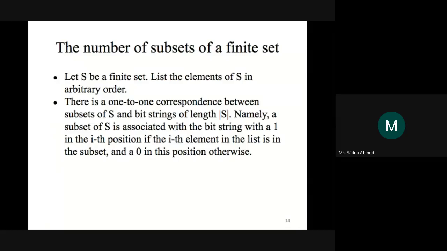How so? The ith position of the bit string which represents the subset of S will take the value 1 if the element in the same position in the set S is there in the subset, and it will take 0 if the element in the same position in the set is not there in the subset.